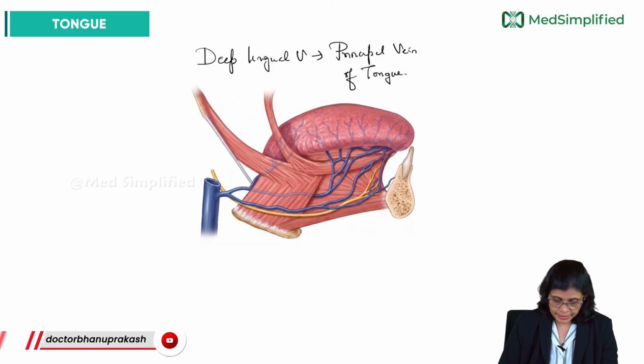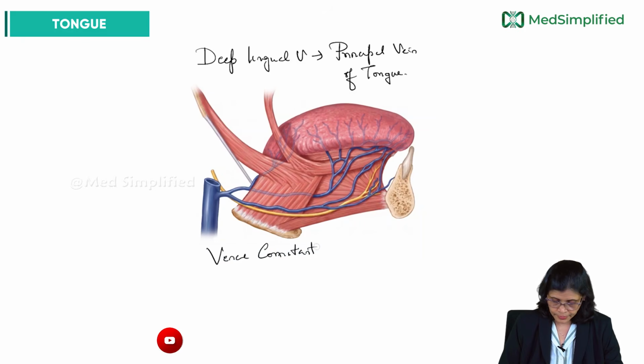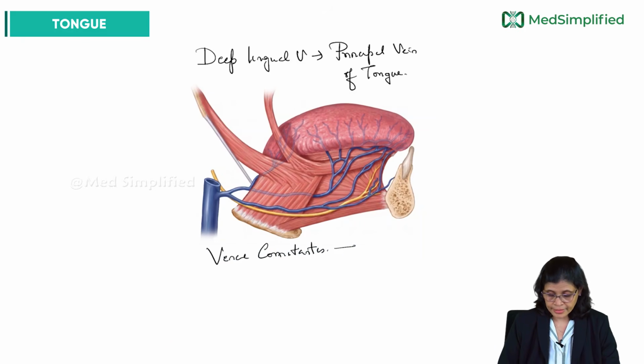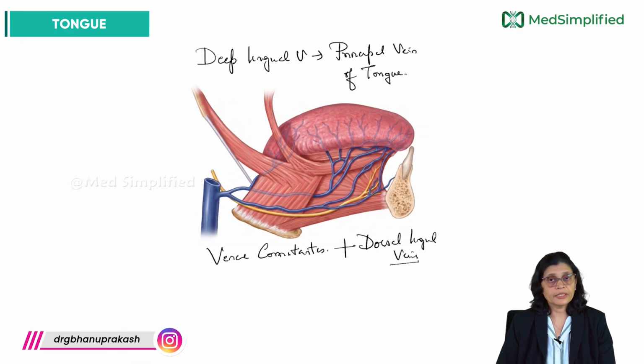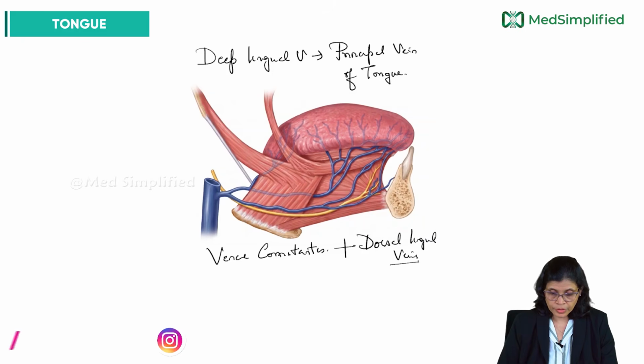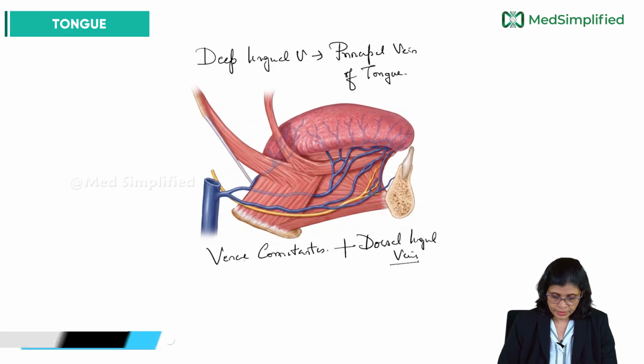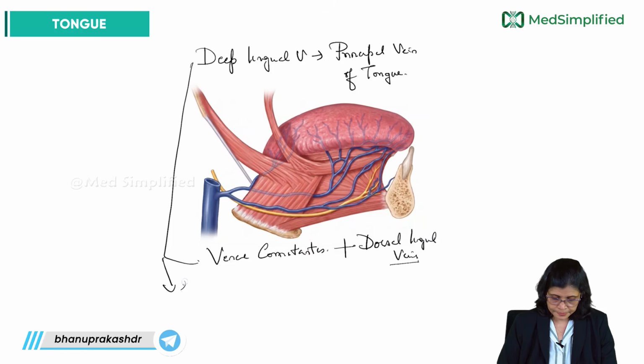Then we have the venae comitantes accompanying the lingual artery. They are joined by the dorsal lingual veins, as well as the venae comitantes accompanying the hypoglossal nerve. So all of these together will form the lingual vein.